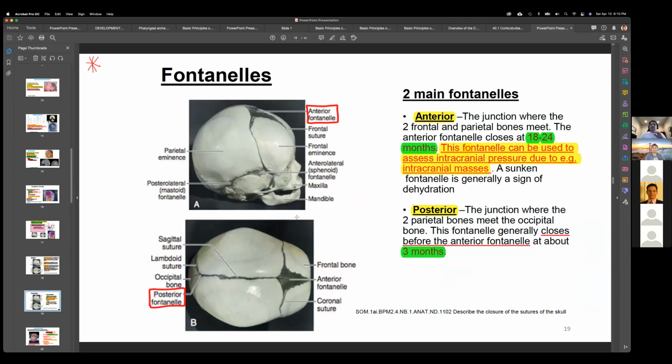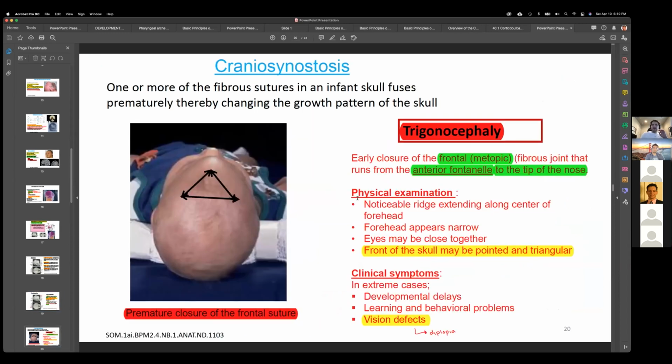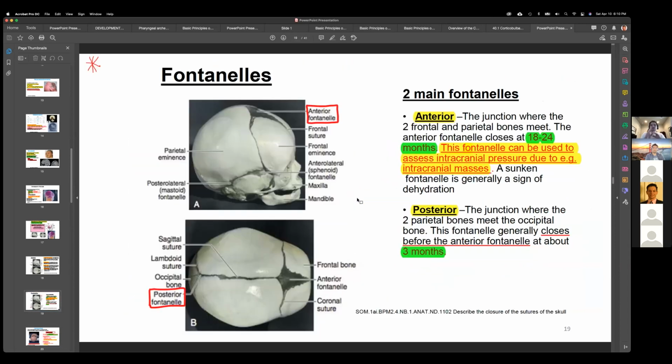Somebody explained it to me really well: if it closes anterior posterior, you're going to get growth anterior posterior. Because if you close the one that's running anterior posterior, you're not going to get growth outwards.